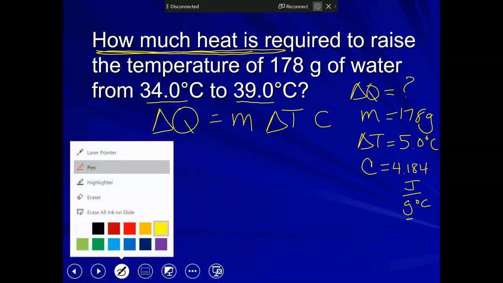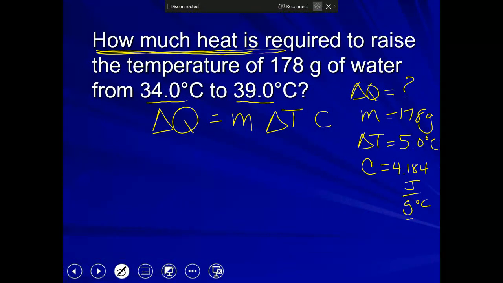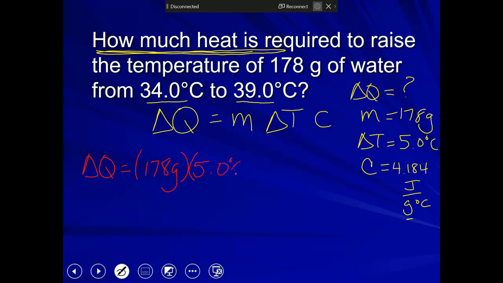Then I like to do my algebra. So I'm trying to solve for the Q. I don't really need to do any algebra. That one's already solved for. So I'm good in this one, and I can just start plugging in numbers. There's my mass. Change of temperature, it went up 5 degrees Celsius, and it is 4.184 joules per gram degrees Celsius.